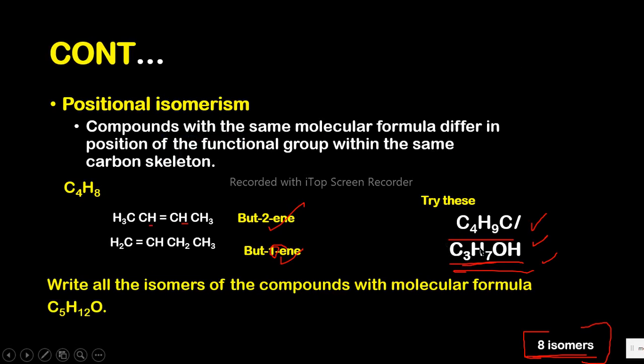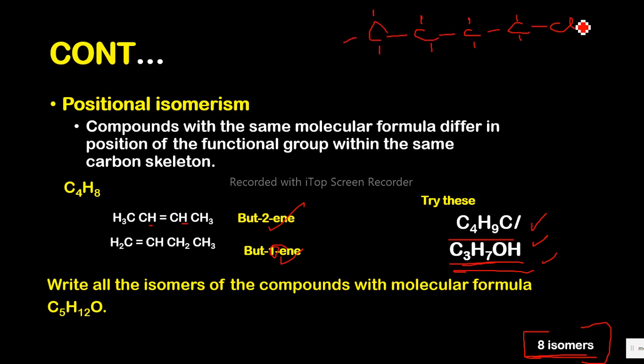Now when this one, let's see if they can vary. This one is going to be C, there are 4 carbon atoms. So if we put the Cl here, that will be 1-chlorobutane. The Cl is on carbon number 1, and the rest are hydrogens.